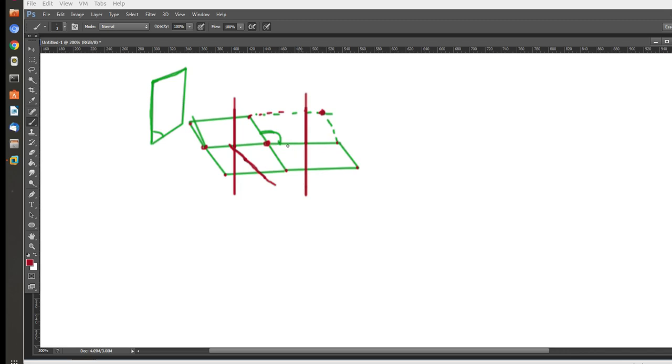Here we have the middle of the line, and the perpendicular line should be something like that. And here we have another line. The middle of the line is here. Let's insert a plane that is perpendicular to that connecting line. And here we have our final connecting line.